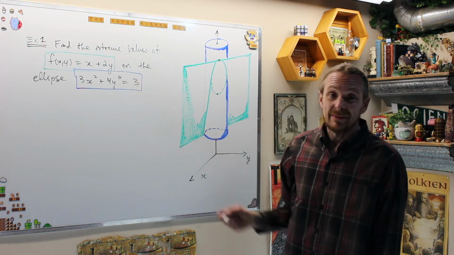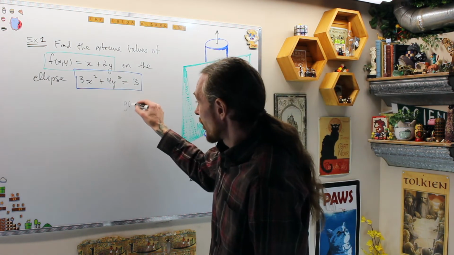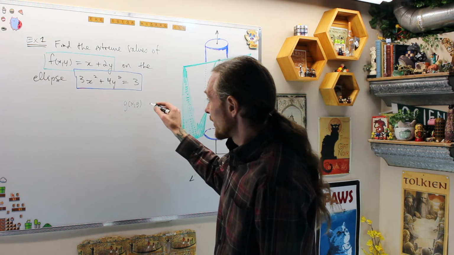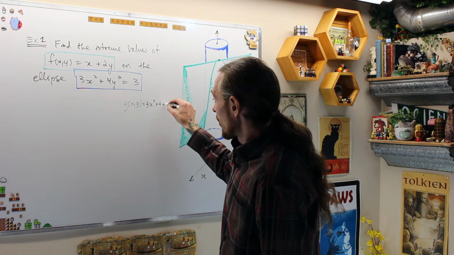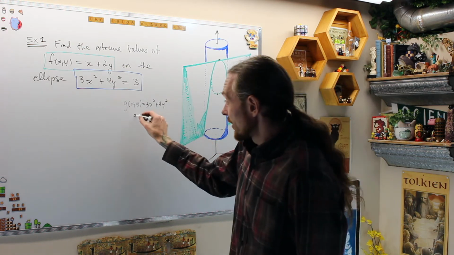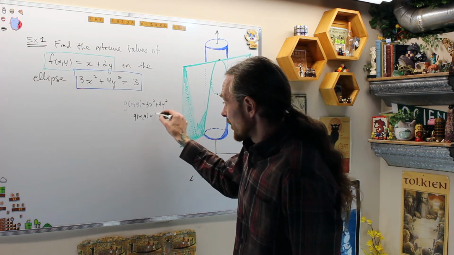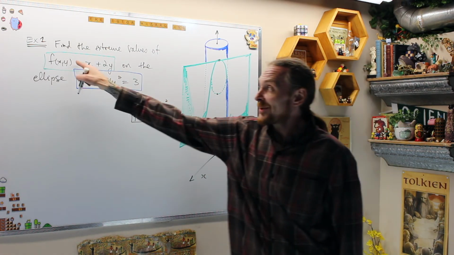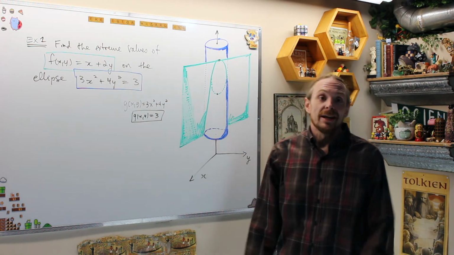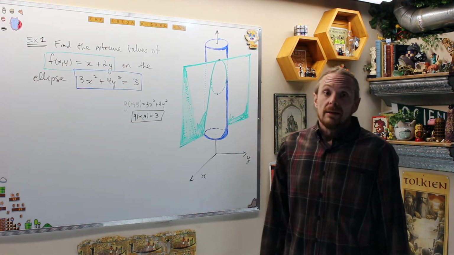Before we start, you want to organize this yourself. This says g of x, y is 3x squared plus 4y squared, and that says g of x, y is equal to 3. There's my constraint. Can you see it now from the mumbo jumbo? There's my f, there's my constraint, g of x, y equals 3.